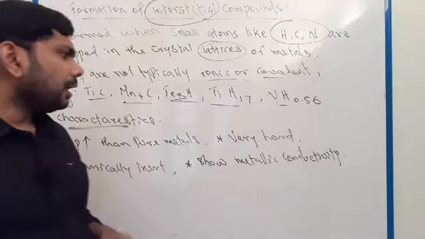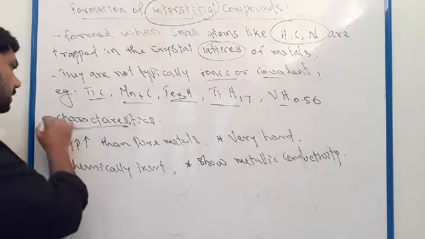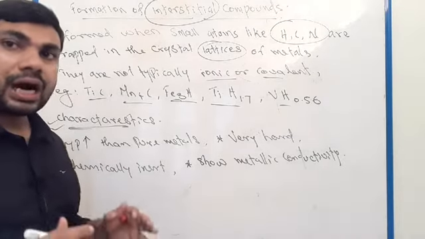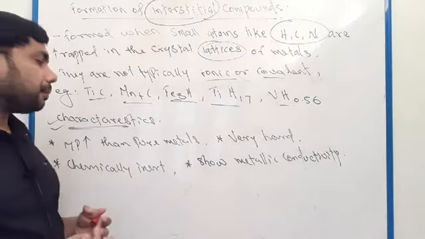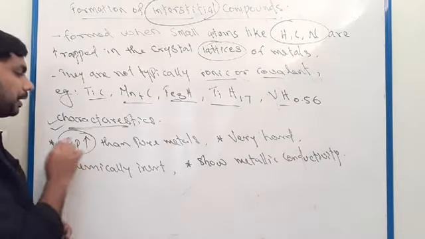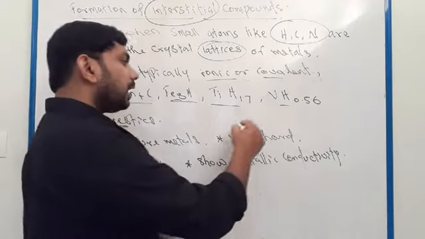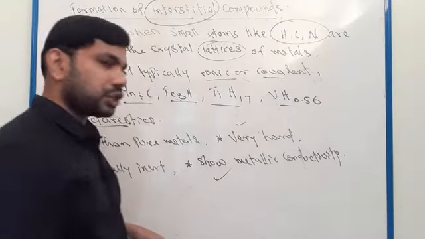Also some characteristics: compared to pure metals, interstitial compounds show higher melting and boiling points. They are very hard, and they are good conductors, like pure metals. Interstitial compounds also show metallic conductivity.